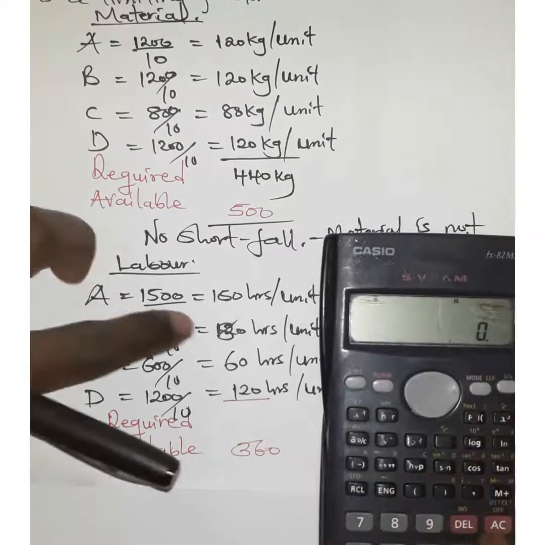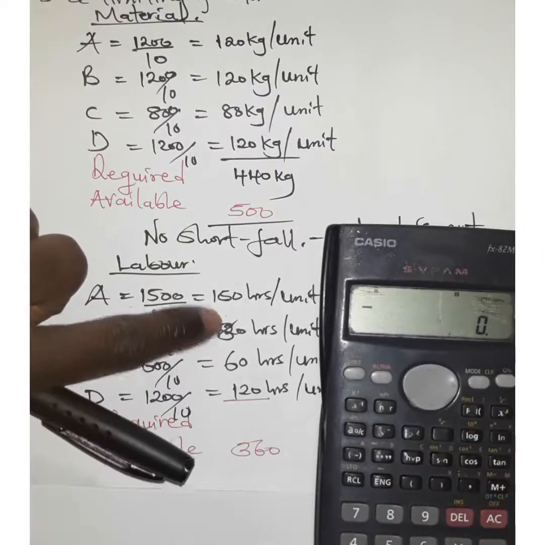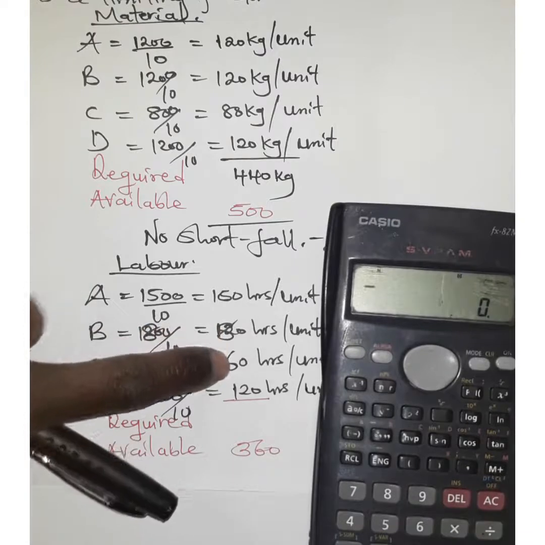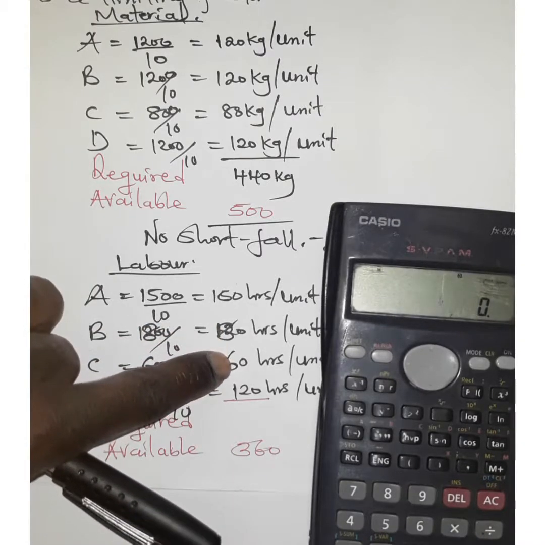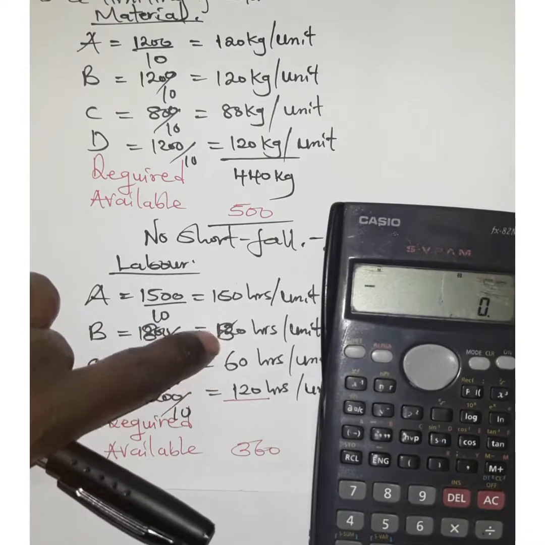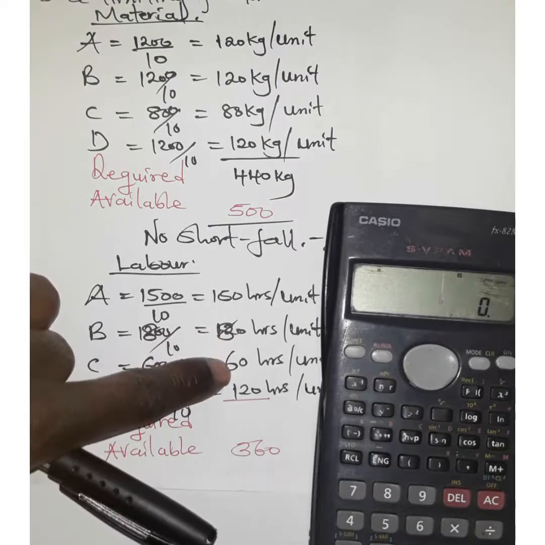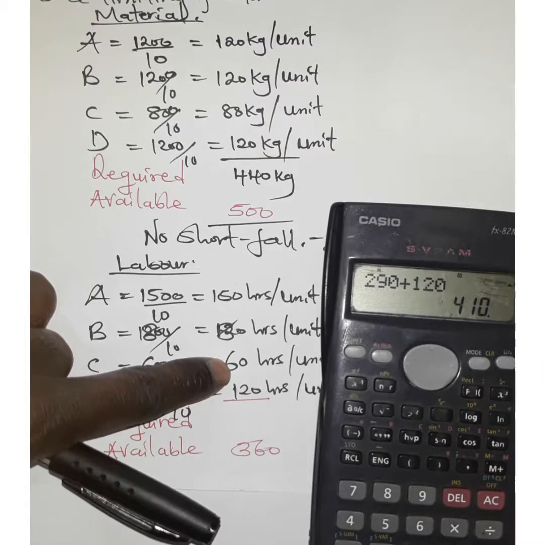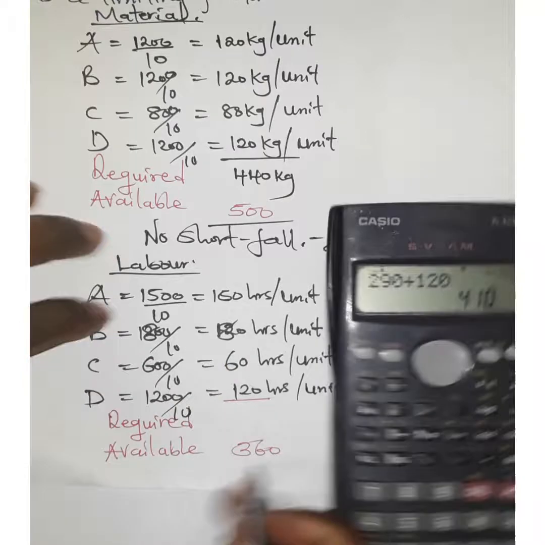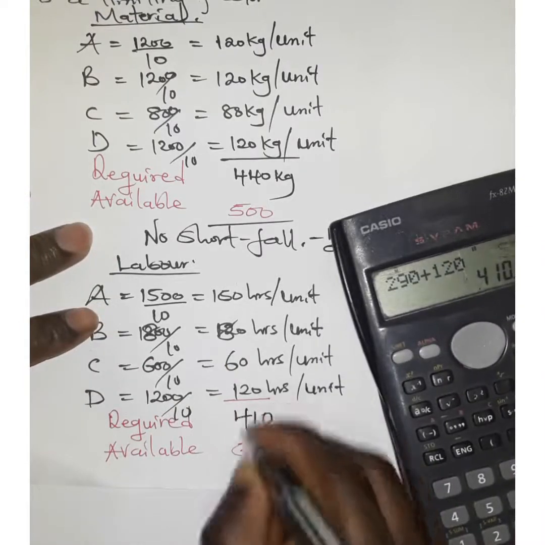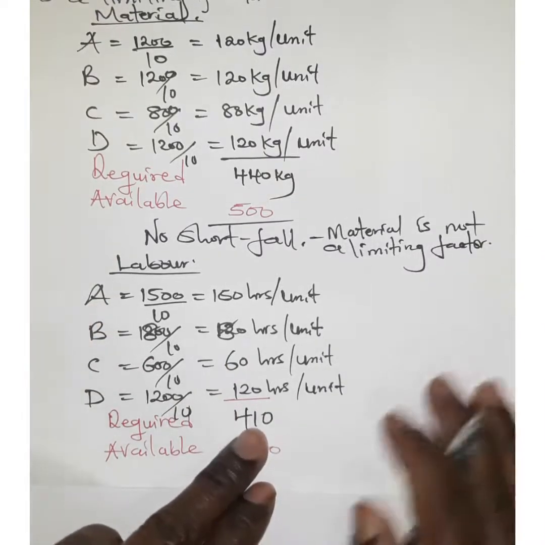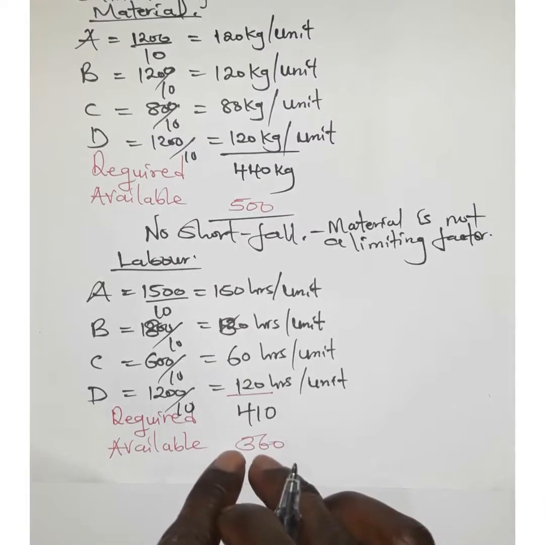We require 150 plus 120, that is 270. 270 plus 80 is 350. 350 plus 60 is 410. Now you see what we require is 410, but what is available is 360.